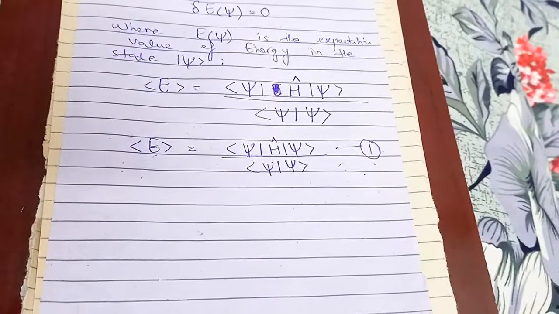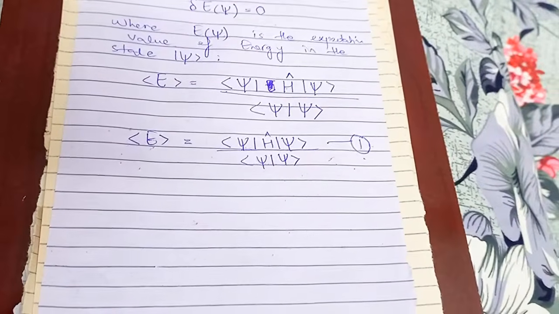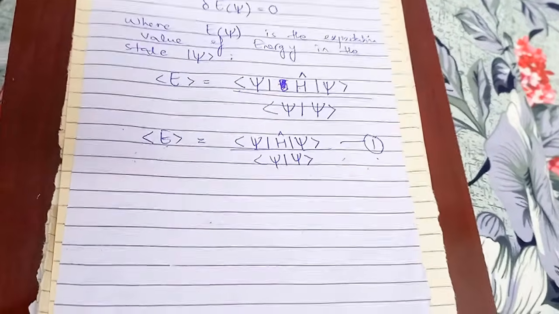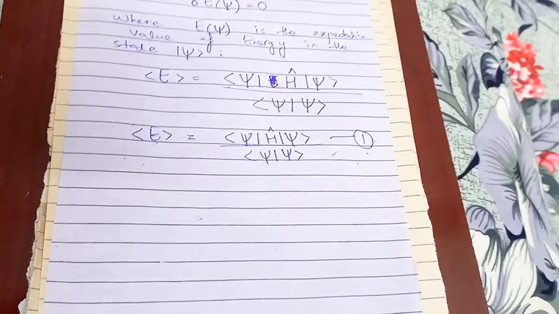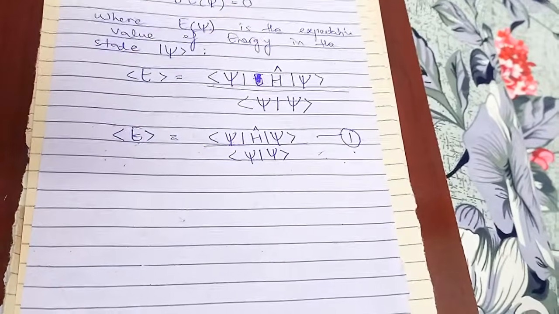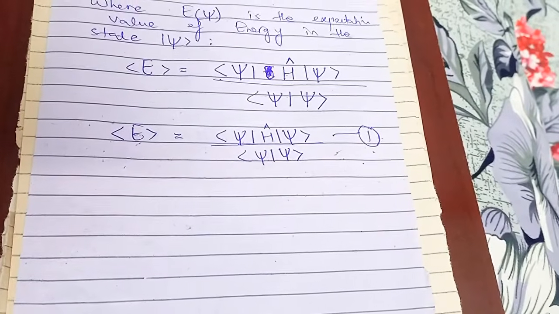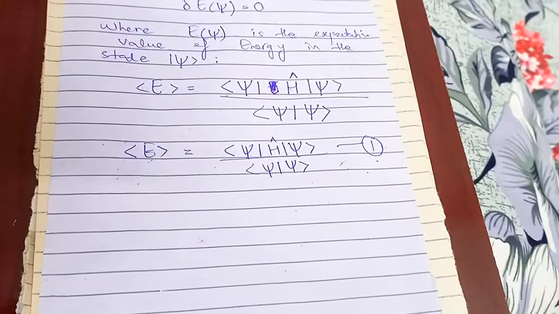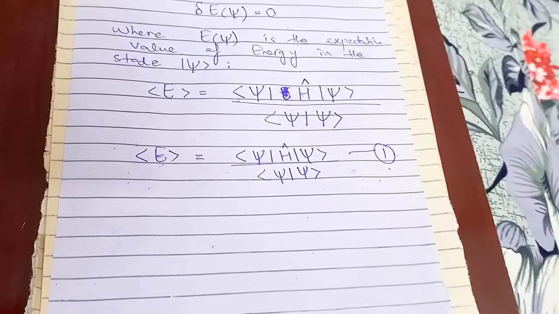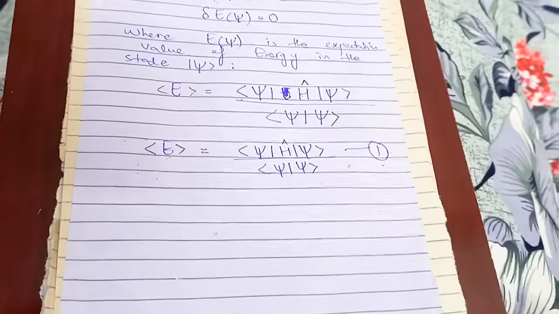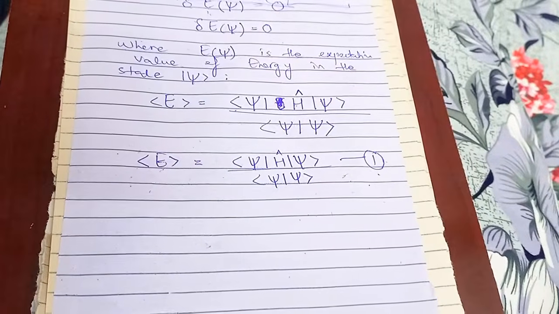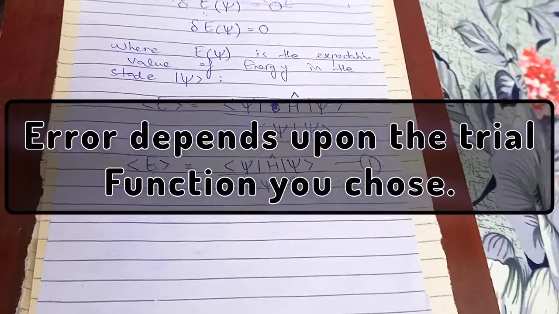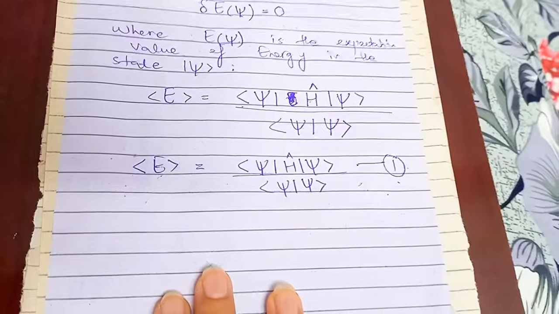Practically it happens because we are making guesses and there's no possibility that we all guess a perfect trial function. So what I am trying to say here is that it's an approximation method. It doesn't give you the exact energies for sure or with 100% probability. There is a probability that you may get some value slightly different from the original value, and there could be an error, and hence this is an approximation method.